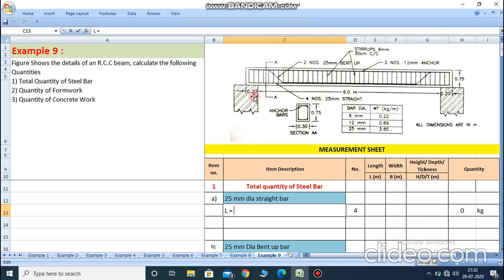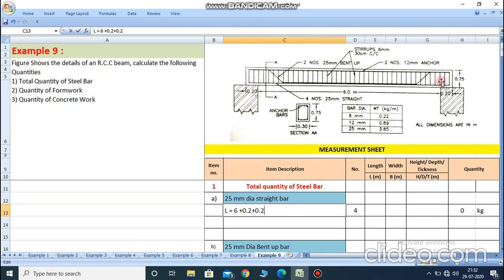So here total length is 6 plus 0.2 plus 0.2. Clear? So here total length is 6.4, but here on both sides hook is provided, and also on both sides cover is provided.